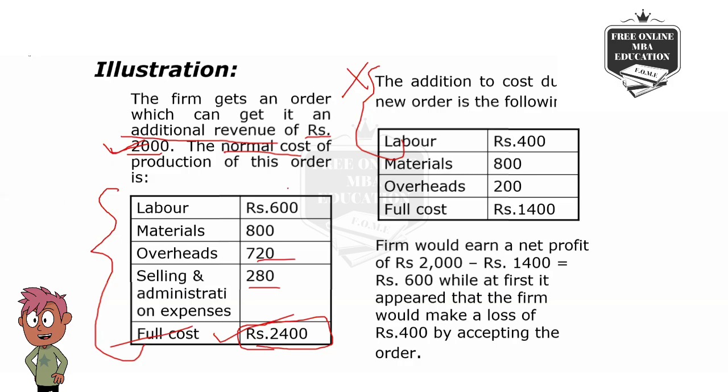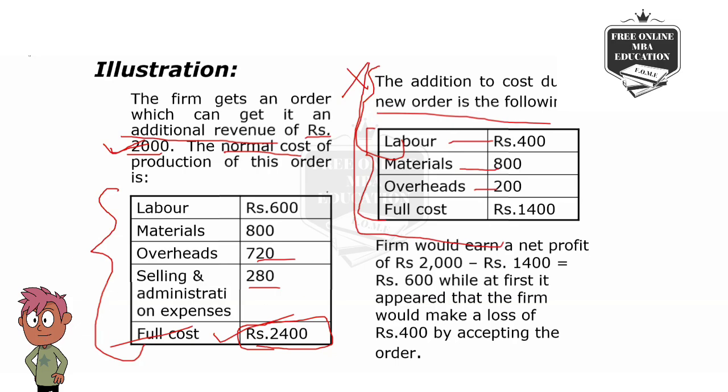Now, to calculate these additional costs, right, due to the new order, we will break this cost up and divide them into the various heads that we are going to spend on. For the additional 40 units, I'm going to spend rupees 400 on labor, 800 on materials, 200 on overheads, right?